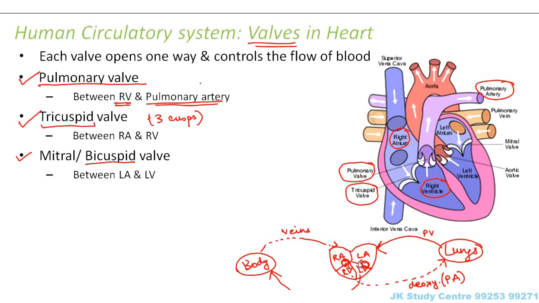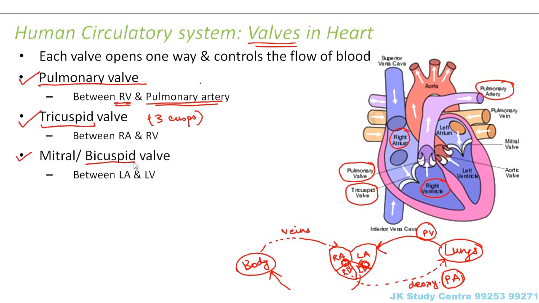So these are the gateways where the flow of blood has to be controlled: the flow from right auricle to right ventricle, from left auricle to left ventricle, from the pulmonary vein to the left auricle, and from the right ventricle to the pulmonary artery. So we have valves at these four places.